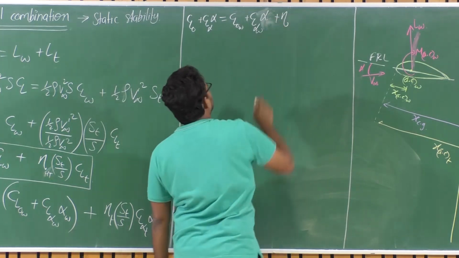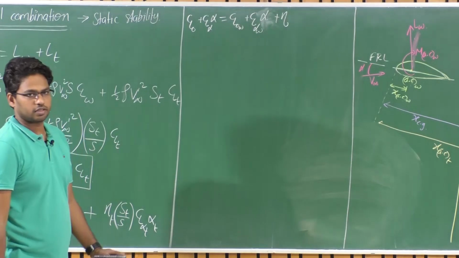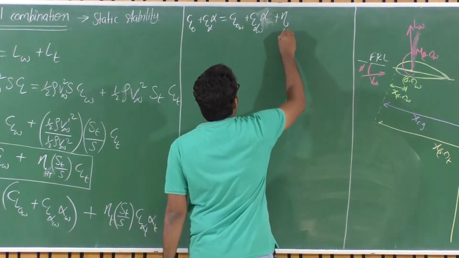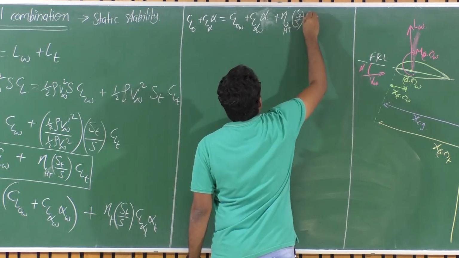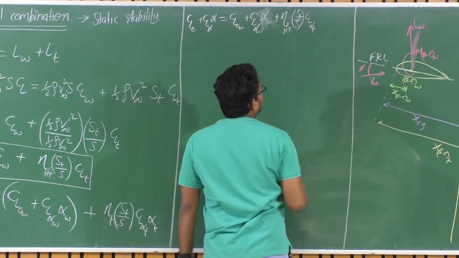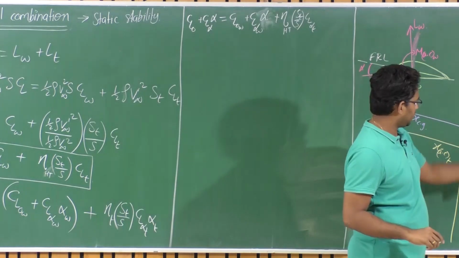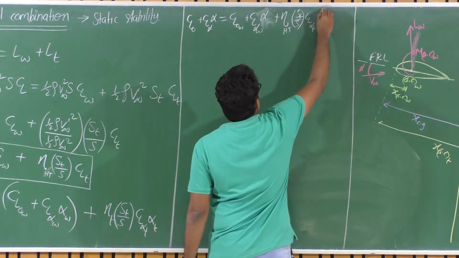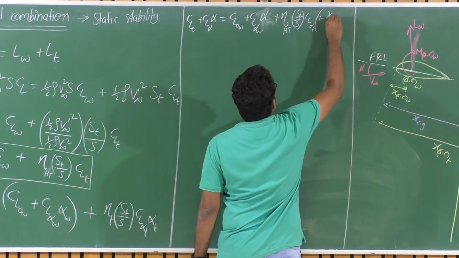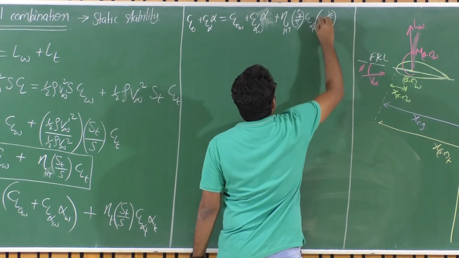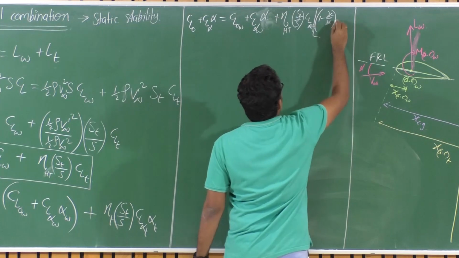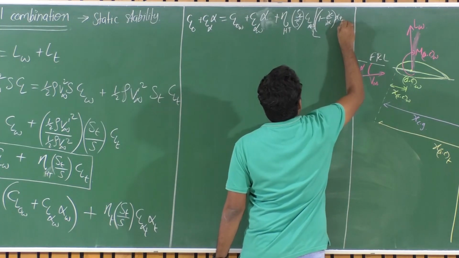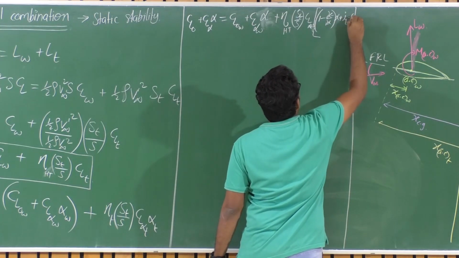Alpha of wing is nothing but alpha here, isn't it? So eta of horizontal tail times S_T upon S times CL alpha of tail multiplied by alpha of tail. What is alpha of tail? It is alpha times 1 minus dou epsilon by dou alpha, plus i_t minus epsilon naught.